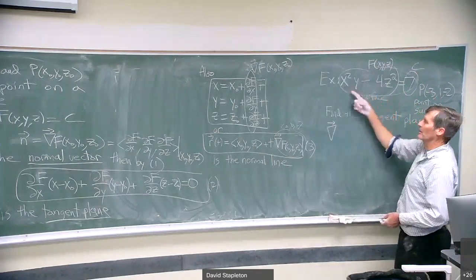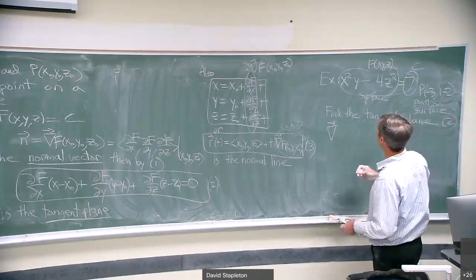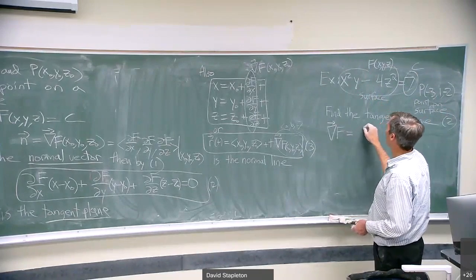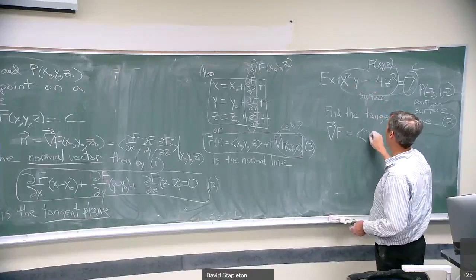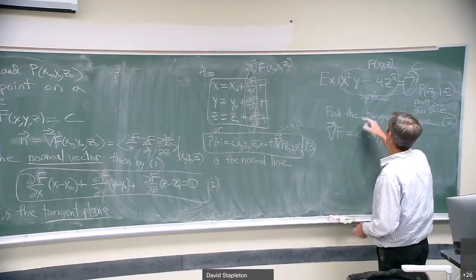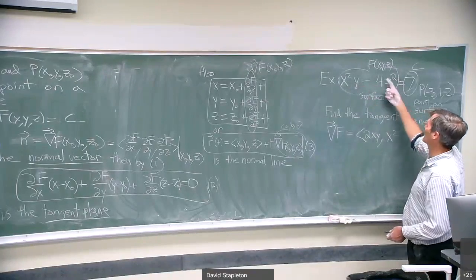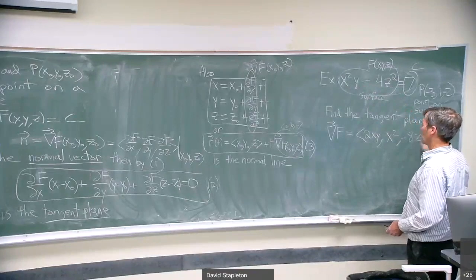This is a polynomial in 3 variables, so it's got derivatives of all orders. So we just compute that the gradient of f is: partial with respect to x, we could say it's 2xy. Partial with respect to y, it's x squared. Partial with respect to z, it's minus 8z. So there's the gradient.